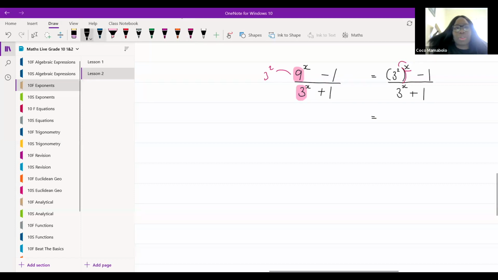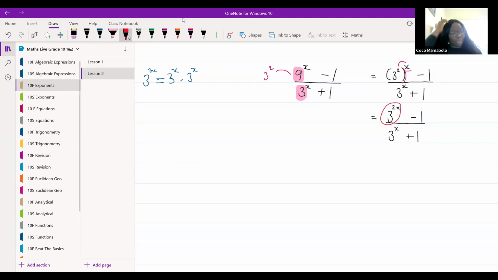And that's going to be, I don't know why I erased this. I should have left it there. Is equal to 3 to the power of x times 3 to the power of x. Now I'm going to get 3 to the power of 2x minus 1 over 3 to the power of x plus 1.